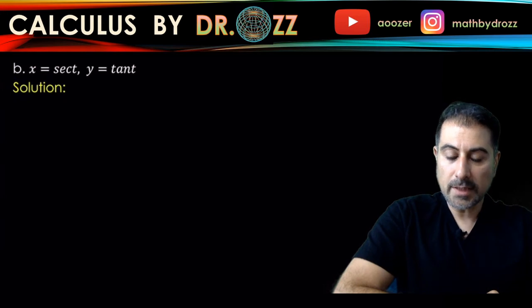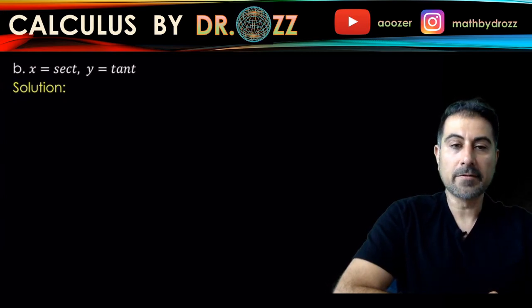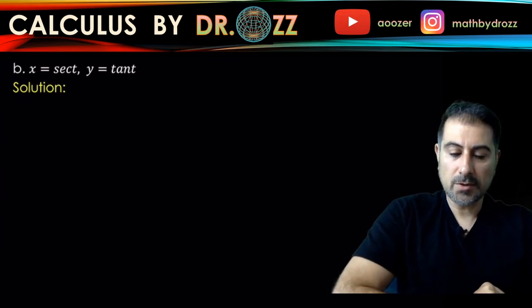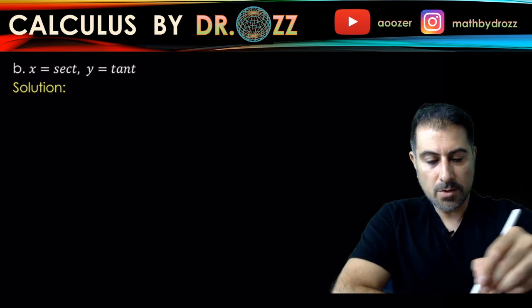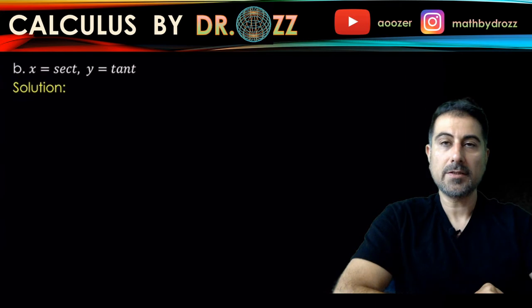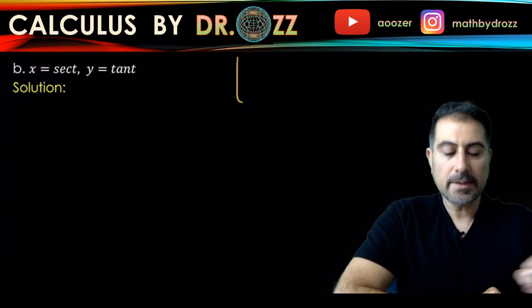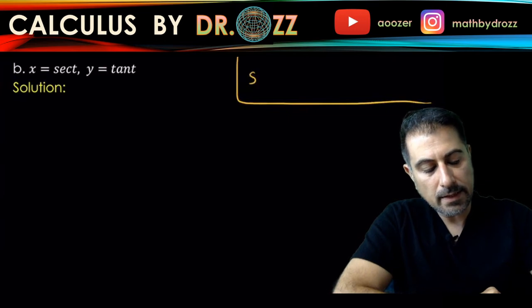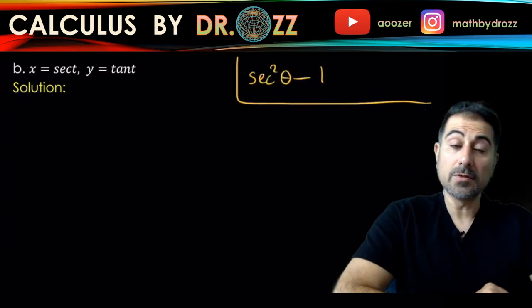So now the question is, how am I going to get the rectangular form of that graph, which is in fact a hyperbola? Let's just use another Pythagorean identity. Let me write that down: secant squared theta minus tan squared theta is equal to 1.